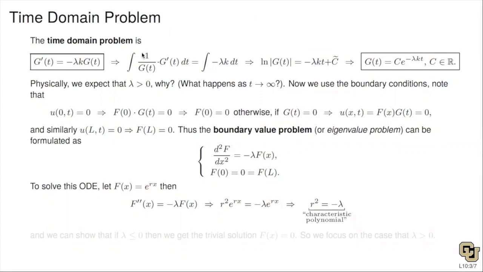So what we do now is we approach this by cases. It's a very mathematical thing to do, right? First we say, okay, what if lambda is less than 0?